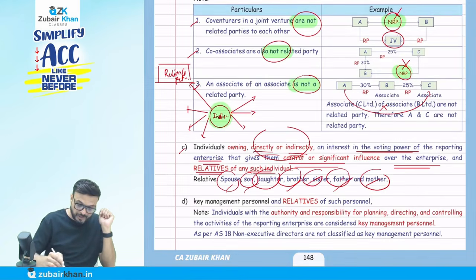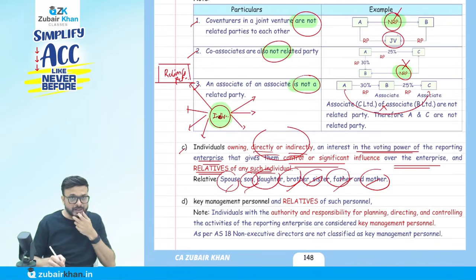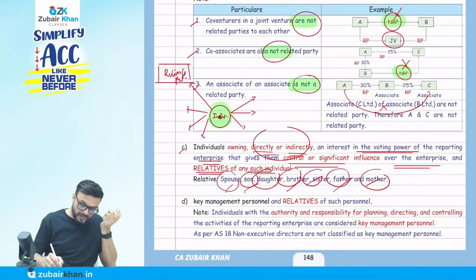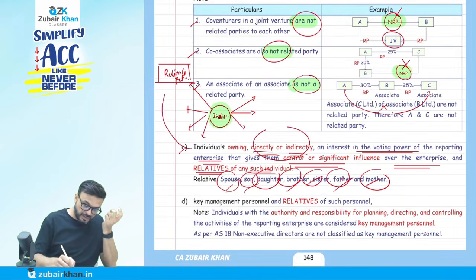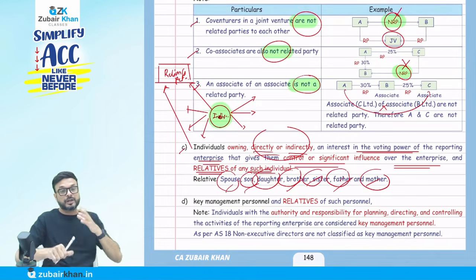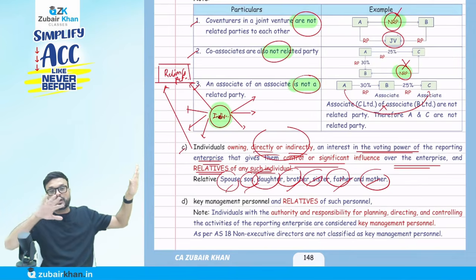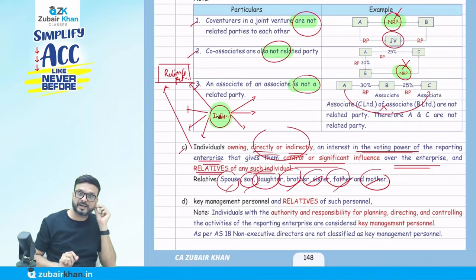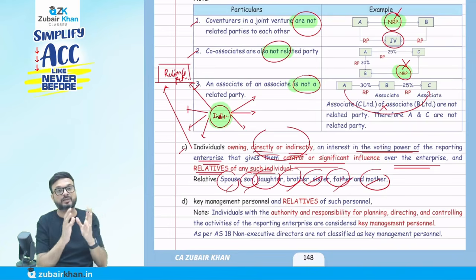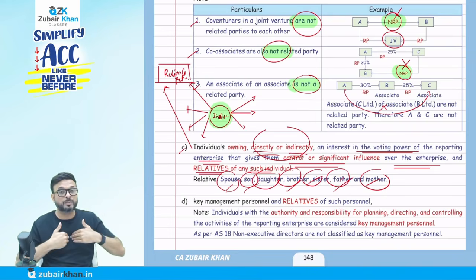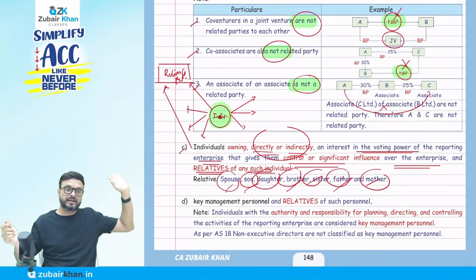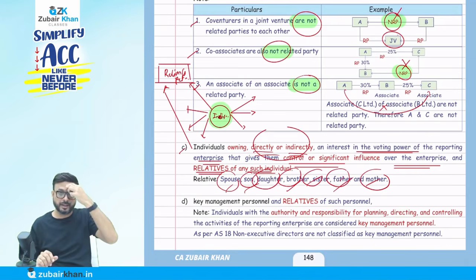It means the mother, father, brother, sister, son, daughter and wife are also related to the entity. The individual is related to that entity because the individual has significant control, and whoever is covered in the definition of relative is also related to this enterprise. So these are related parties. If they have a transaction with this individual, like Mukesh Ambani, or any of his relatives by that enterprise, it will be considered a related party transaction.